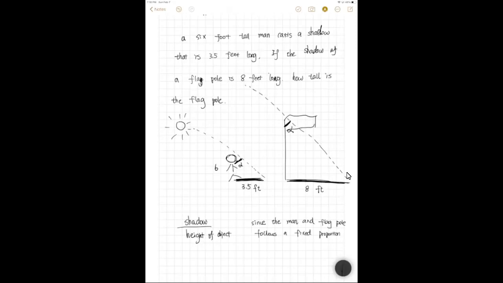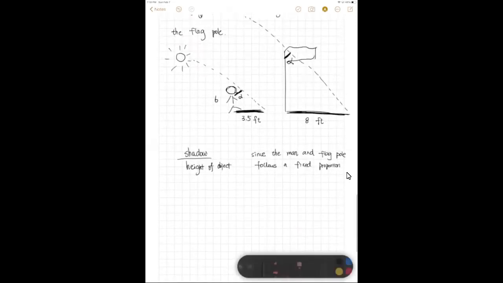Okay, so the ratio of the shadow and the height of the object, whatever object it is, should remain the same.